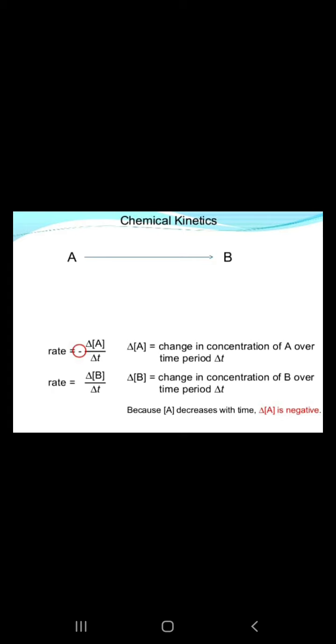And del B upon del T, where del B is the change in concentration of B over a time period of del T. So the rate of reaction can be expressed with respect to reactant A and with respect to product B. The positive sign is defined with respect to product and the negative sign is defined with respect to reactant. Clear?